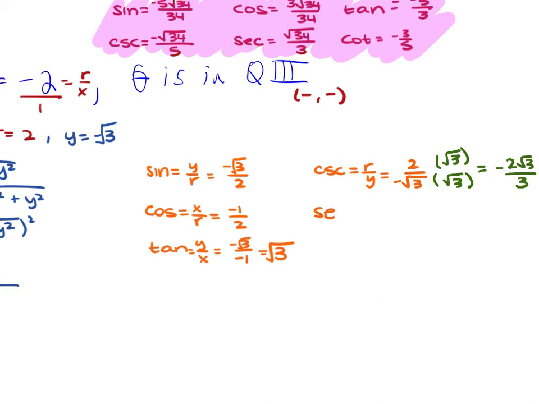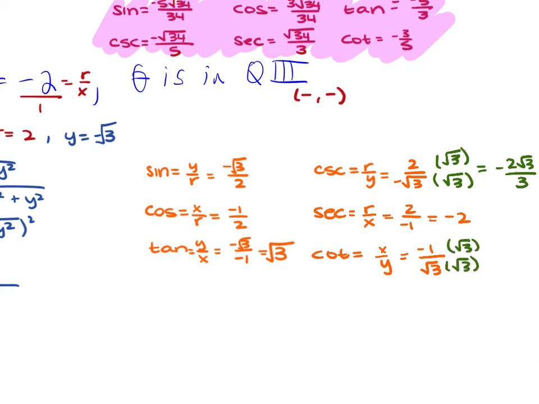For your secant, we have r over x. We said r is 2, x is negative 1, so that's just negative 2. And then cotangent is x over y, so that is negative 1 over the square root of 3. We rationalize the denominator.